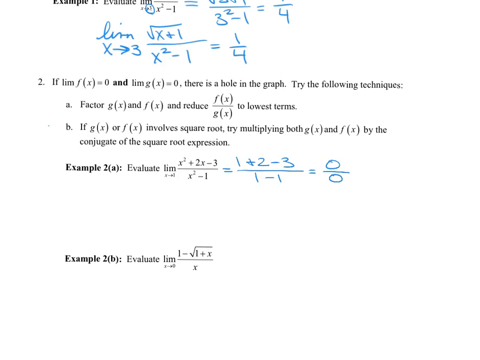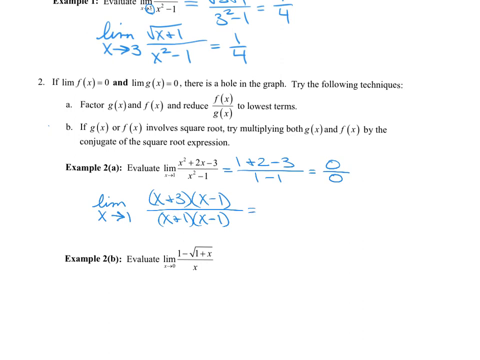The numerator is a trinomial, so that can be factored into x plus 3, x minus 1. The denominator is the difference of squares, so that can factor into x plus 1, x minus 1, and again it's the limit as x approaches 1.